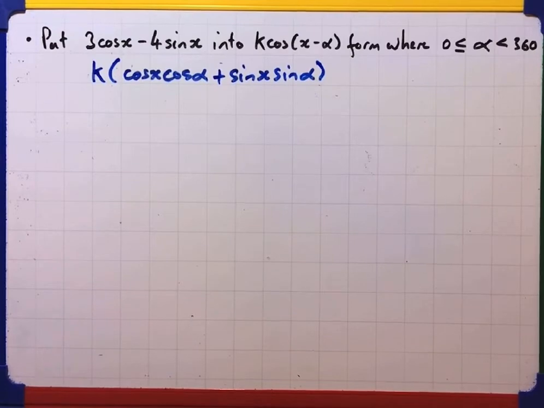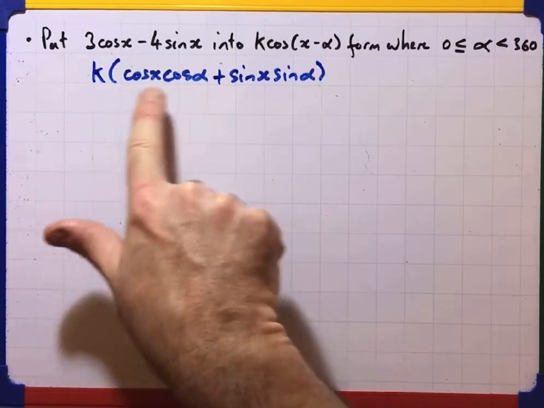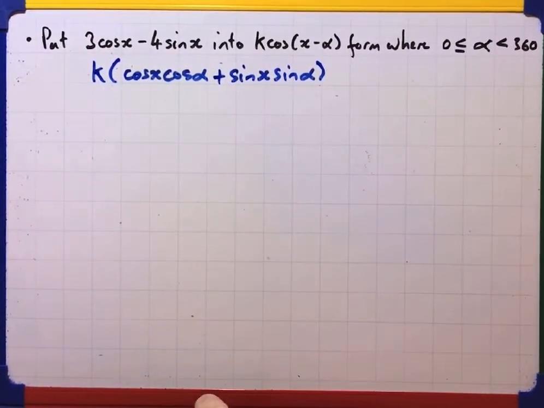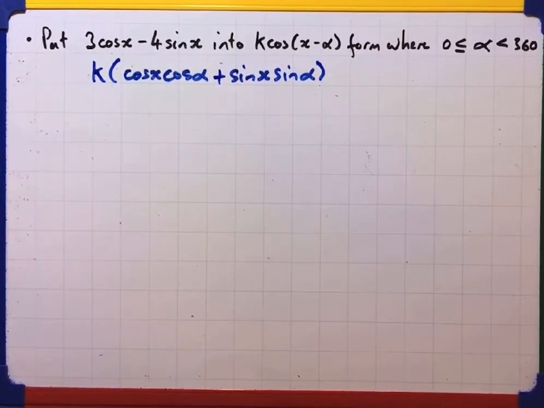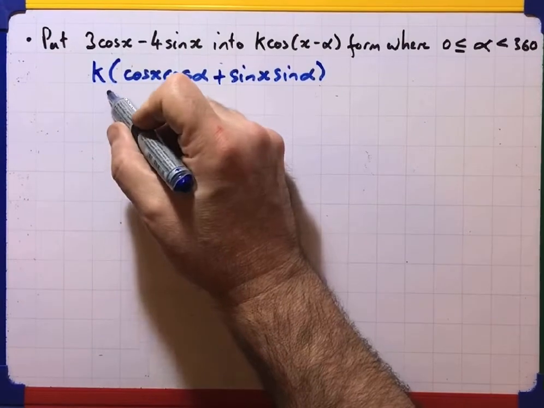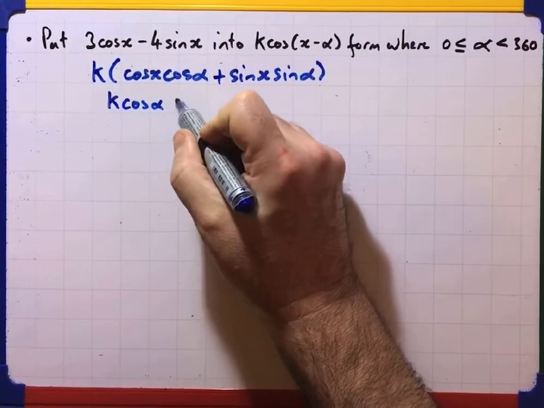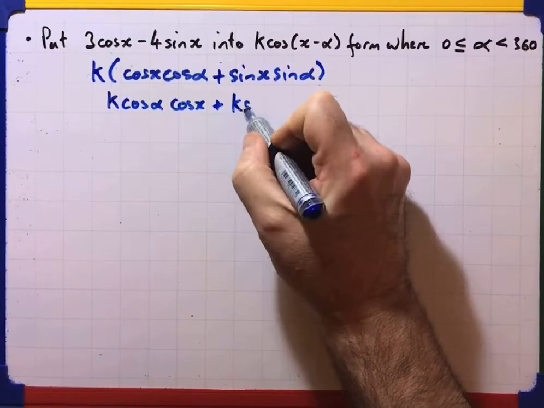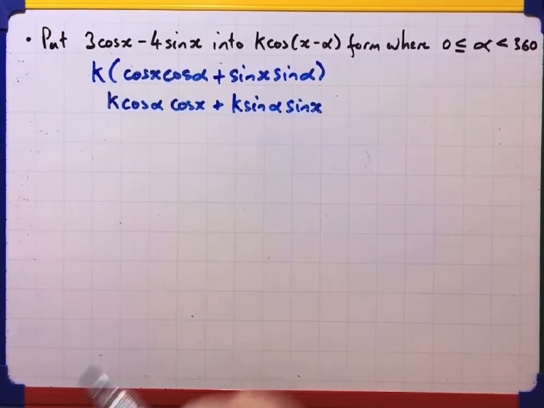Remember, we now want to combine the constants. So remember, cos alpha and k and sin alpha are the constants. If we put those at the start of each bit, we get k cos alpha cos x plus k sin alpha sin x.